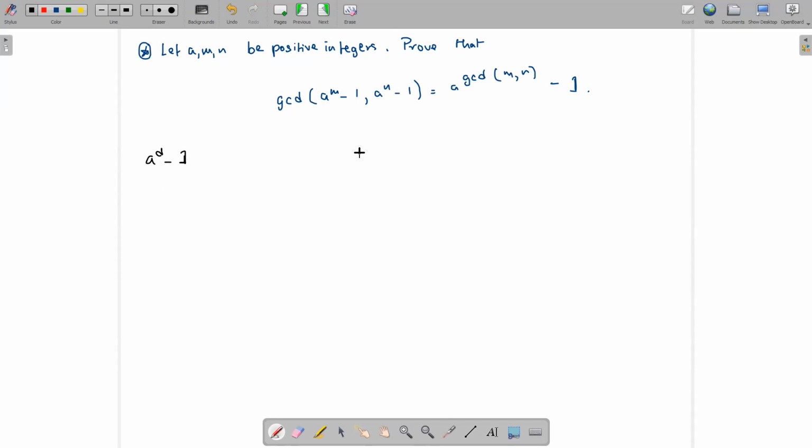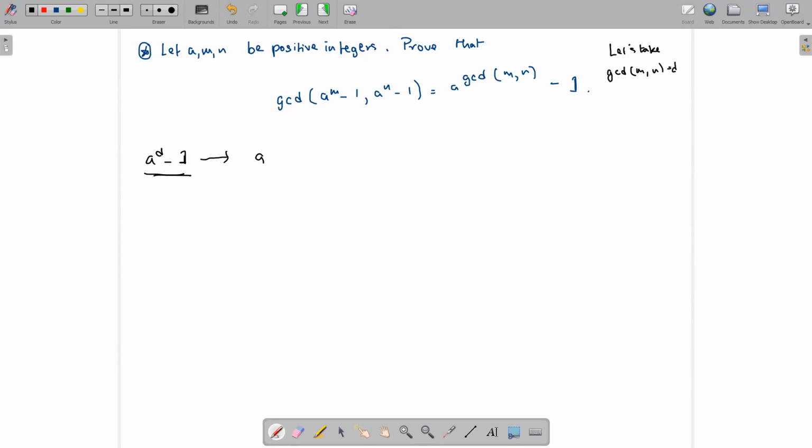Let's take the GCD of m comma n, say d. We at least take d to be 1, otherwise there's no point. Now if this is the GCD, what is this claiming?